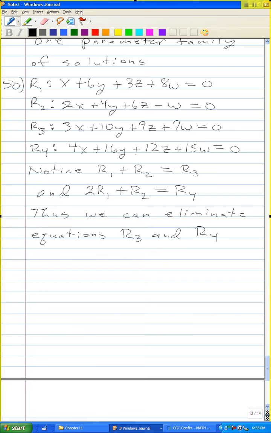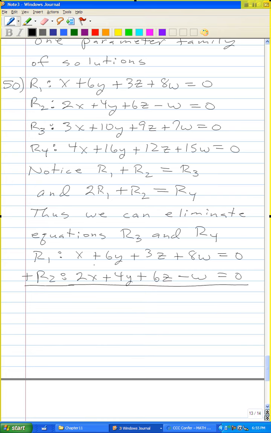Okay, so let's show that R1 plus R2 is R3. Let's add these. 3x plus 10y plus 9z plus 7w is 0. And that is the same as R3.